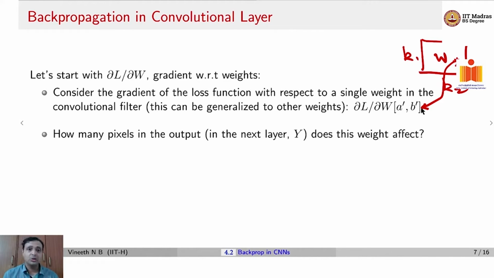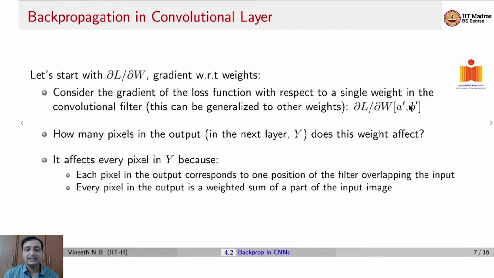Remember, the way backpropagation is done, all the values that a particular pixel impacts in the next layer, we have to accumulate all those gradients back into the gradient at that particular pixel. This is what we saw with feed-forward neural networks. So in this case, the question is, if we took the weight at (a', b'), what all pixels in the next layer's map does that particular weight affect?